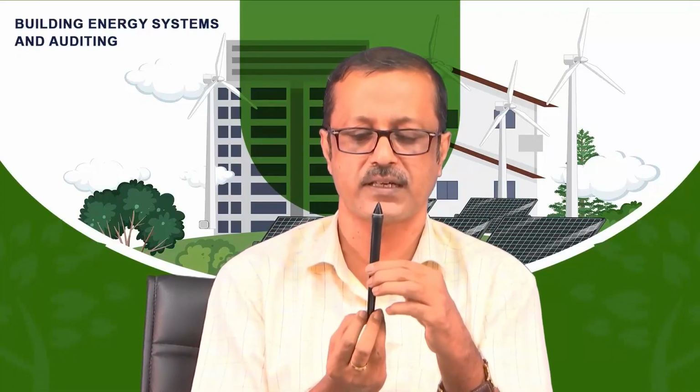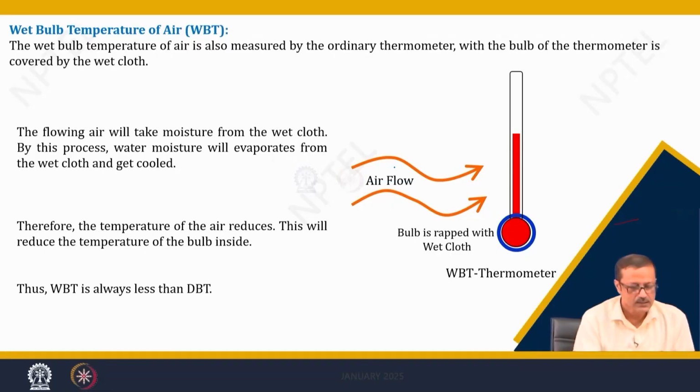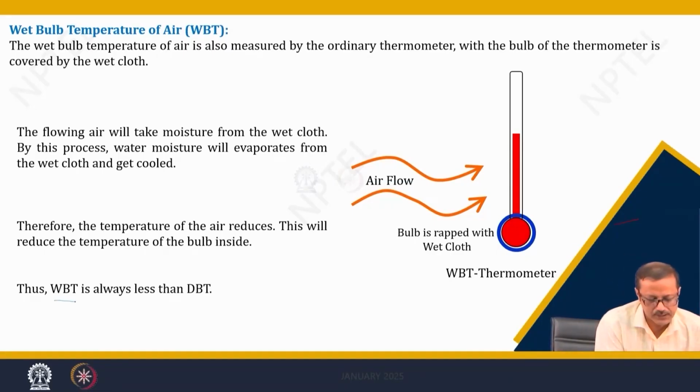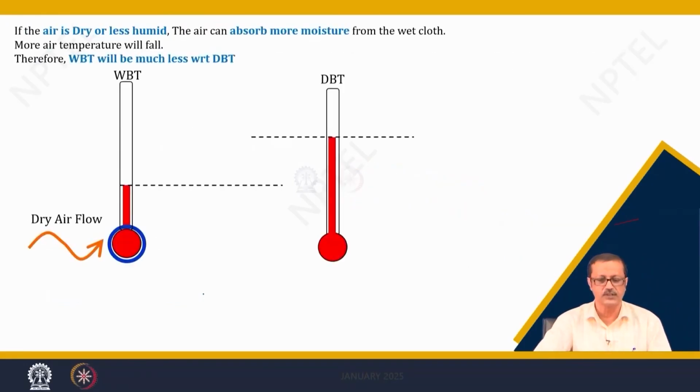DBT may be 40 degrees, but when the other device has a wet clothing, because of the evaporative cooling, the temperature will drop. The last line is very important: the wet bulb temperature is always less than the DBT. Definitely that is because of the evaporative cooling effect.